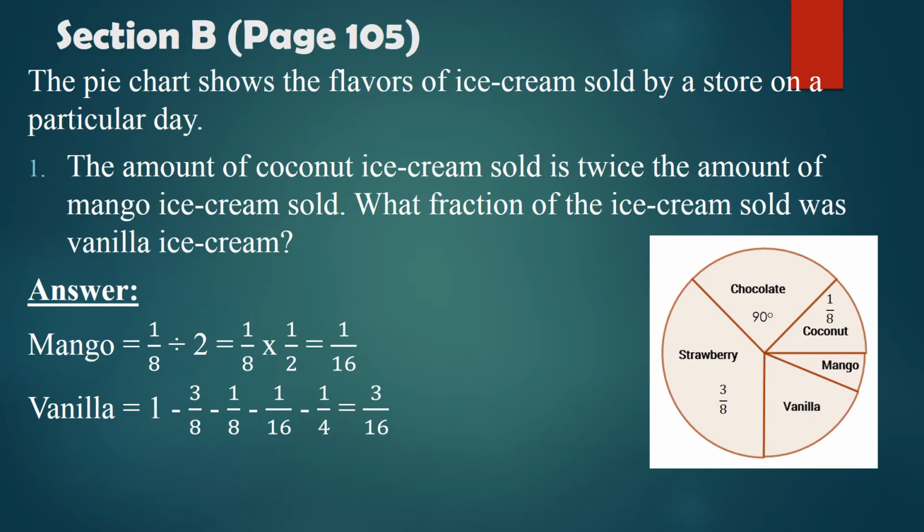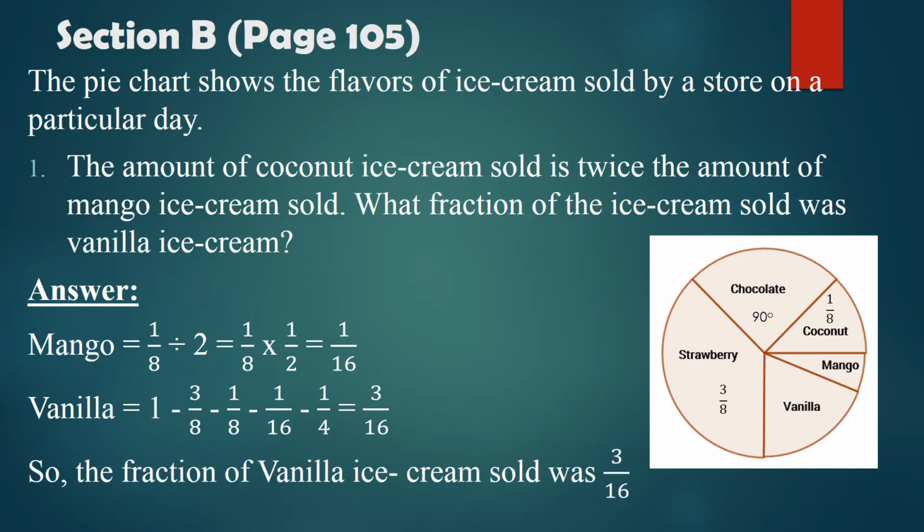And how do you know chocolate is 1/4? As you know, 90 degrees refers to 1/4 of the pie chart. After you do the operation, you got 3/16. So the fraction of the vanilla ice cream sold was 3/16.